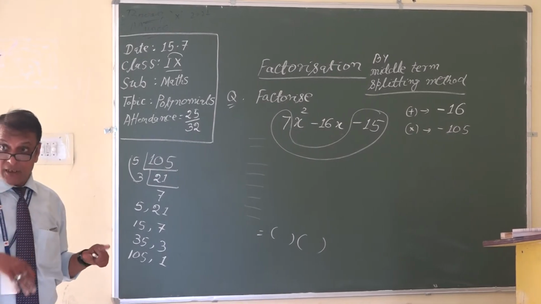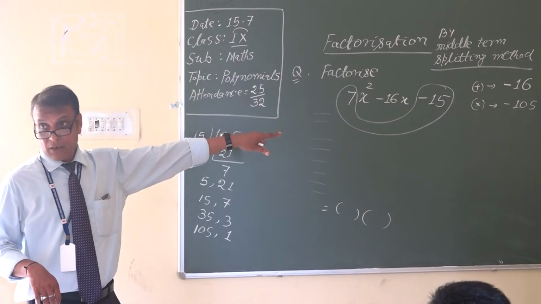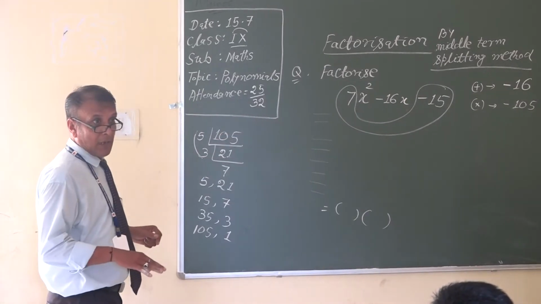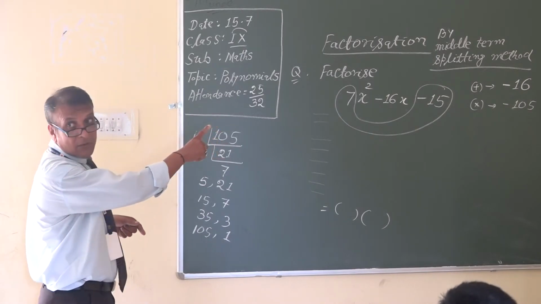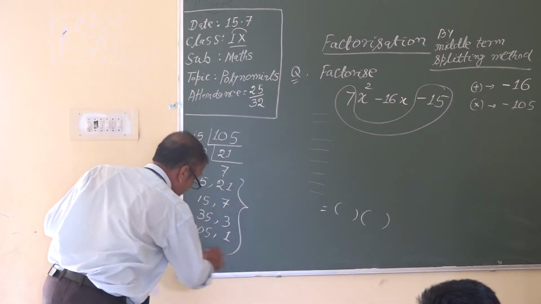But another condition is there. It should give minus 16, and the product is not 105 exactly, it is minus 105. By adding, what will we get? Minus 16.